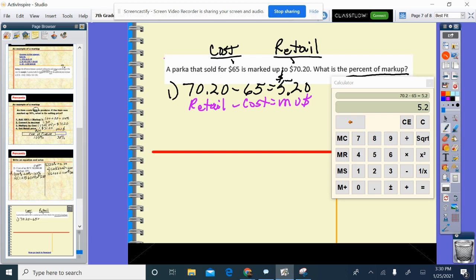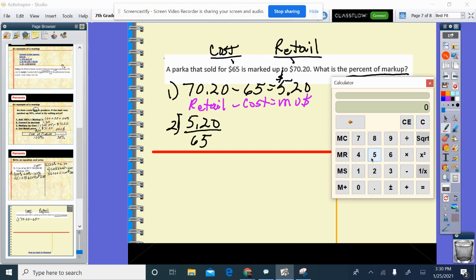So then what do we do? Well, then you take the markup in dollars, $5.20, and you divide it by the cost, because markup is all about how it relates to cost.